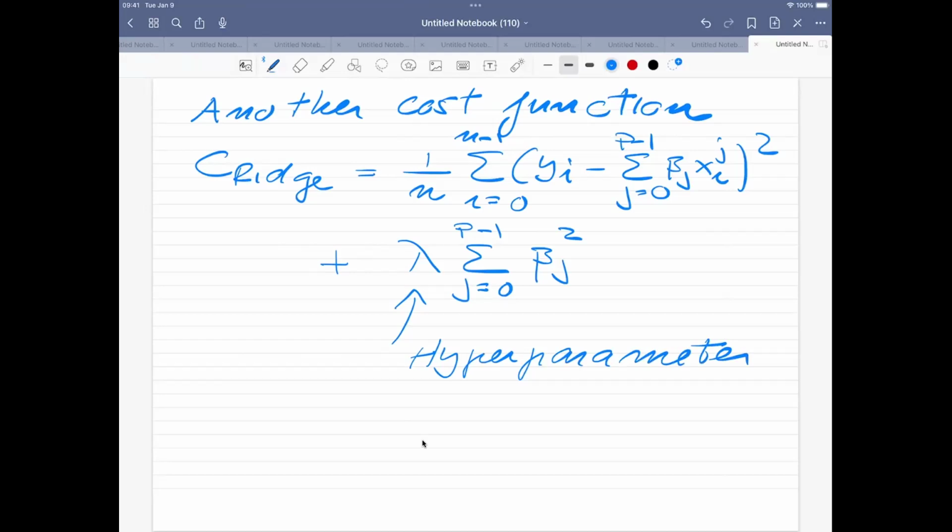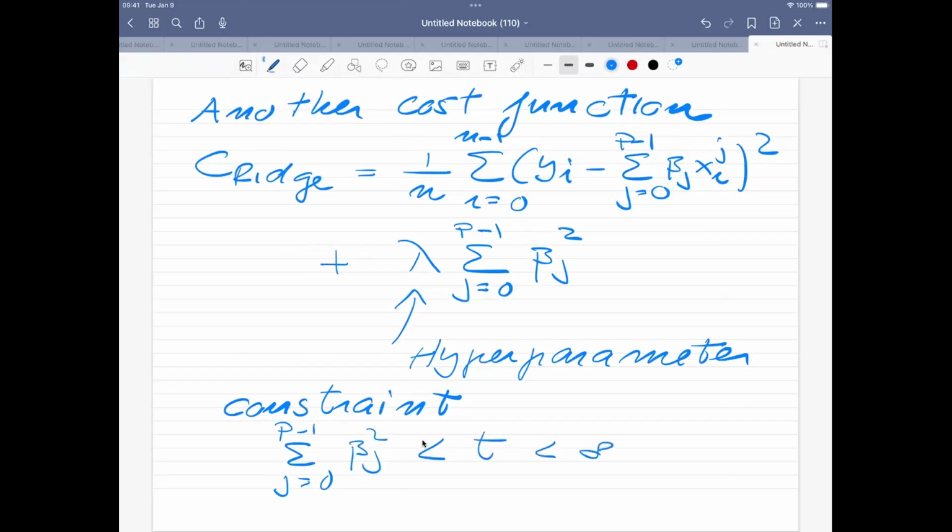So it's pretty common, and you will see later why, to actually put a constraint on the values of beta. So we would typically have a constraint in the solutions that the sum of beta j is less than a number t, which is smaller than infinity.